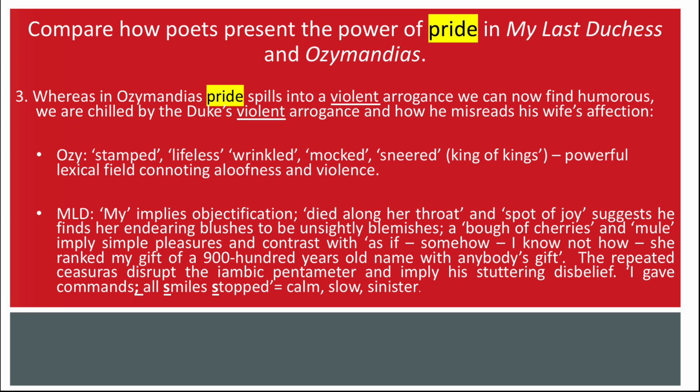And the fact that these verbs where he mocked and sneered at the people, as well as being so arrogant he thought he was king of kings, I'm suggesting that perhaps all of this combines to produce a powerful lexical field that connotes aloofness, which is a nice word for basically just thinking you're better than other people, but also a sense of violence there.